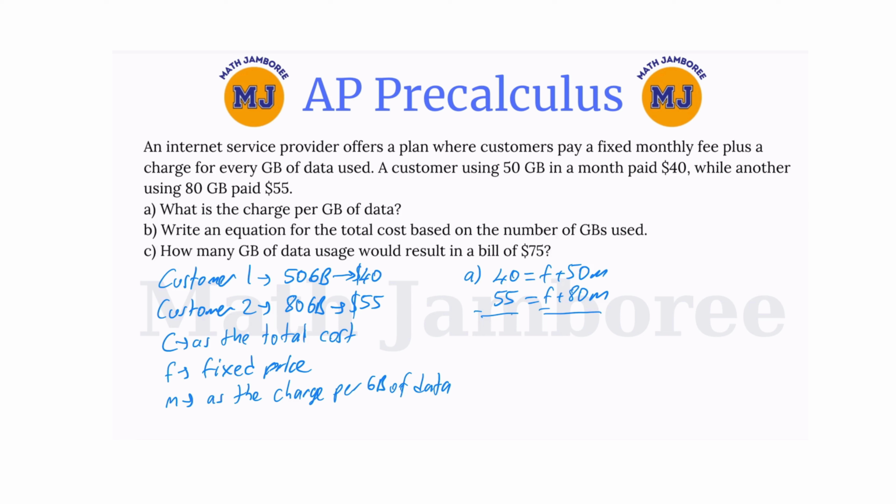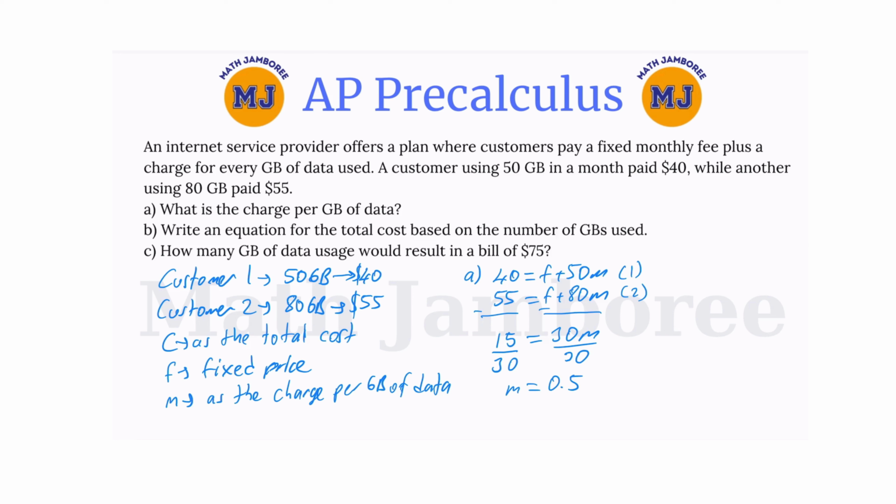If you want to deal with positive numbers, you can subtract the first equation from the second equation. That's going to give you 55 minus 40, which is 15, equals 30M, since F cancels out. If you divide both sides by 30, then you will get M as 0.5, 1 over 2 or 0.5.